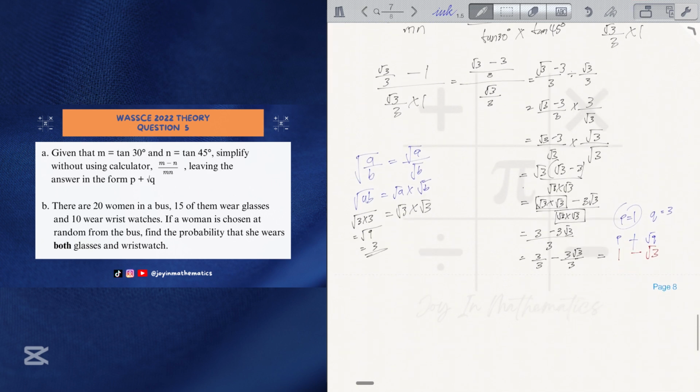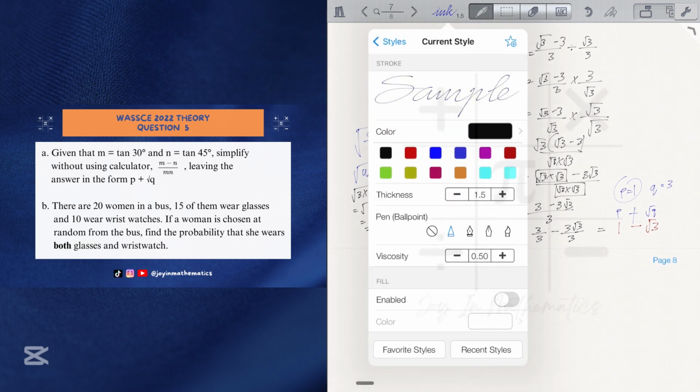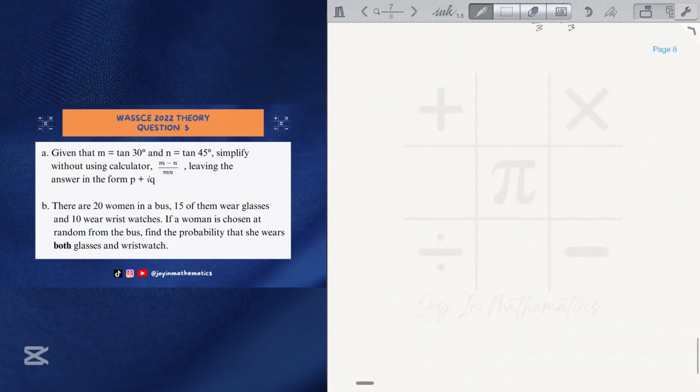Now let's move further to the b part of question 5. The question is a question on probability. The question says there are 20 women in a bus, so the total women on the bus is 20. The number of people that wear glasses is equal to 15.